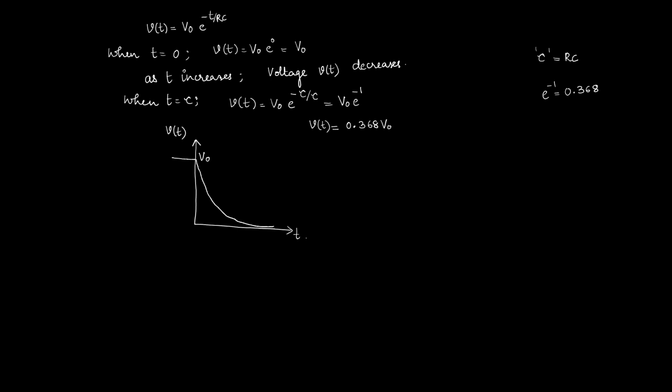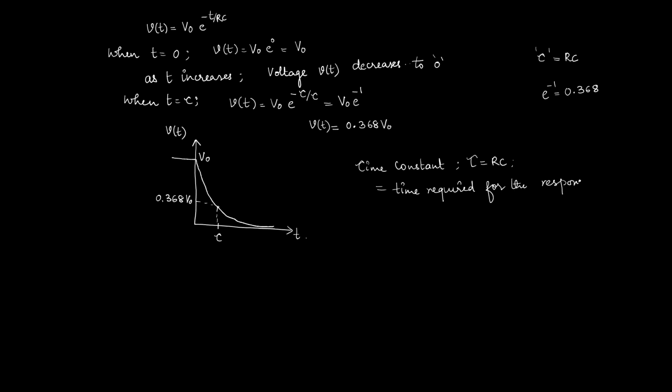As t increases, the V out decreases and it decreases to 0. So at some particular time, that is tau corresponding to the time constant which I have evaluated just now, I get the value equal to 0.368 times V0.